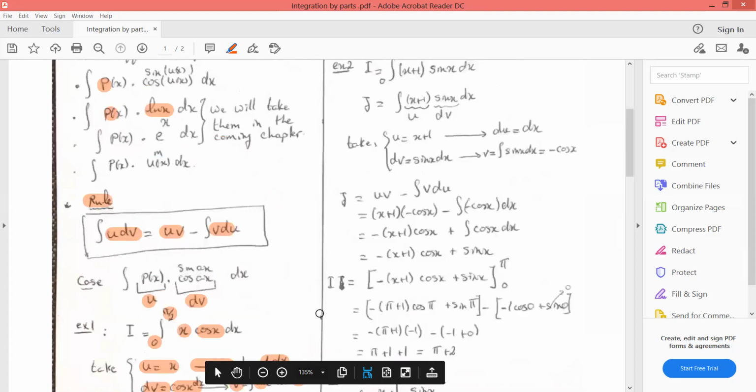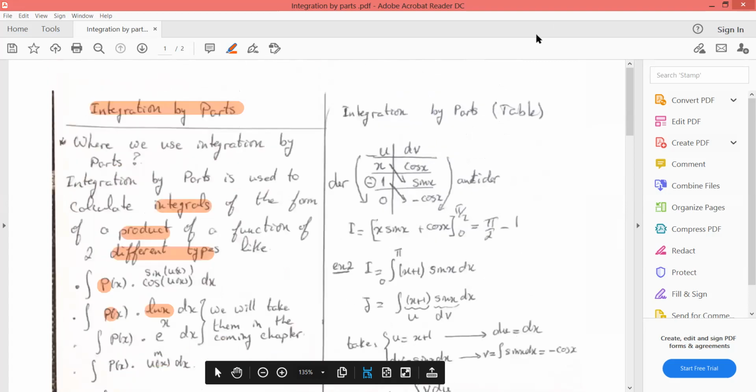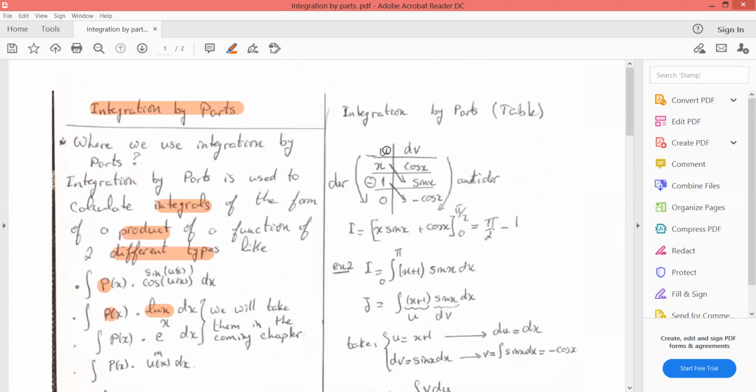Or we can do it by a table. You have two choices; the choice you find easier, you can use it. Integration by parts by a table: u is x, with dv the trigonometric part. On this side, I take the derivative.